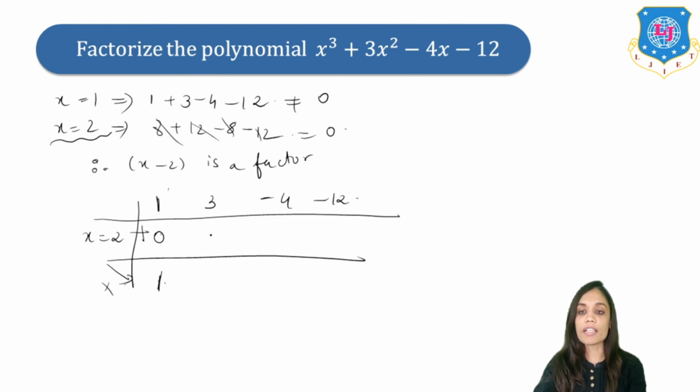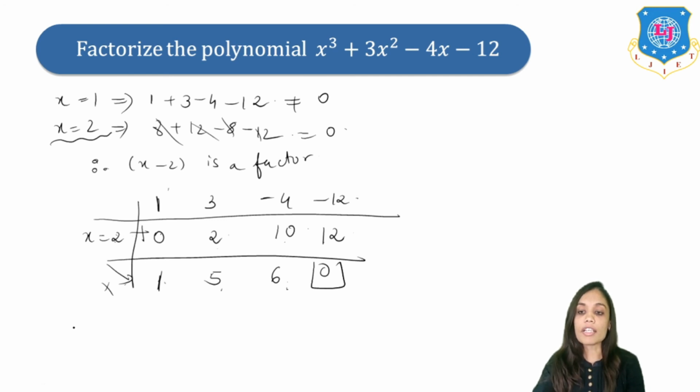So we'll get our answer as 2. Now add these two. So 3 and 2. We will get 3 plus 2 as 5. Now 5 into 2. So answer will be 10. Now minus 4 plus 10. So answer will be 6. Now 2 into 6. So answer will be plus 12. Final answer is 0. So this is correct.